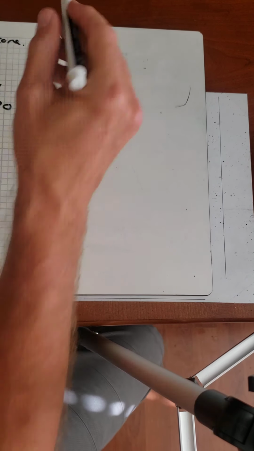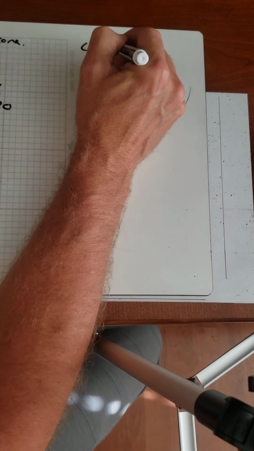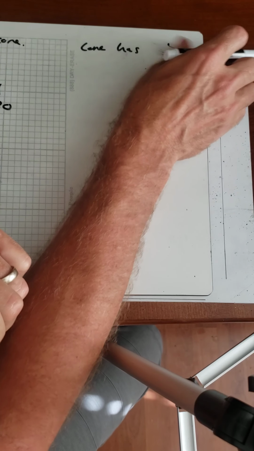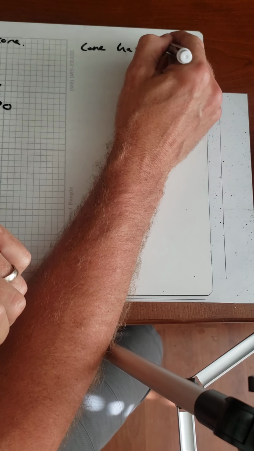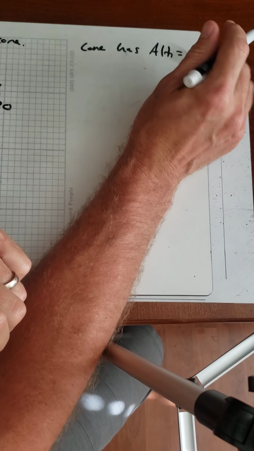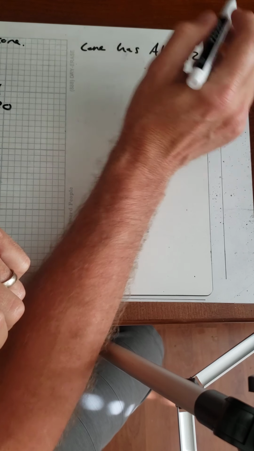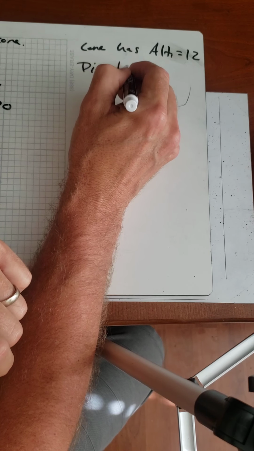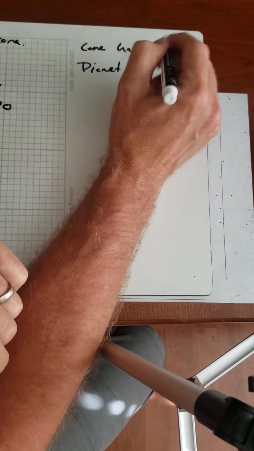So let's see. A cone has a height, an altitude, of 12, and the diameter equals 30.